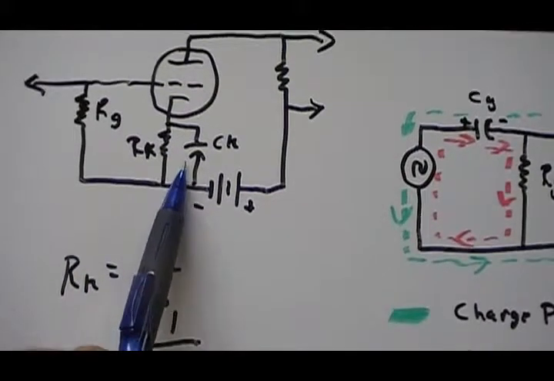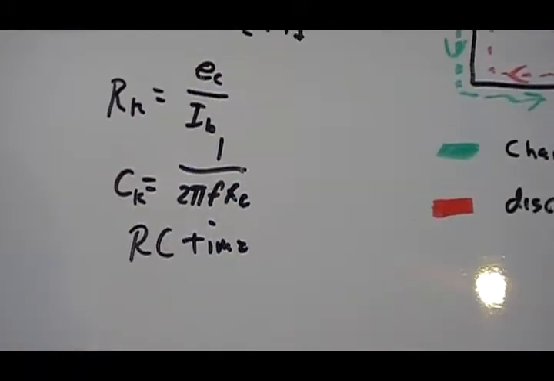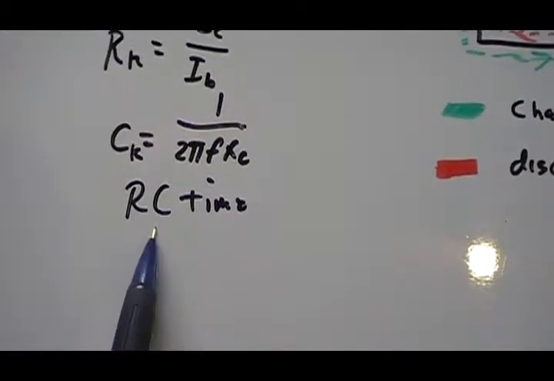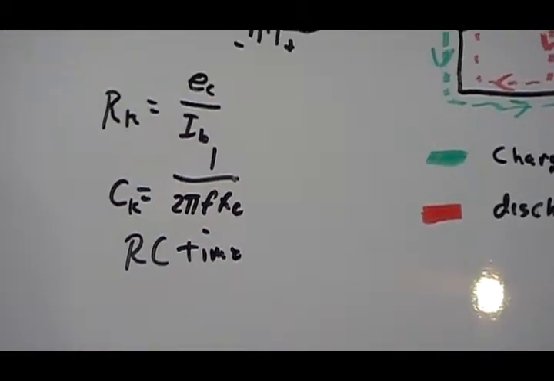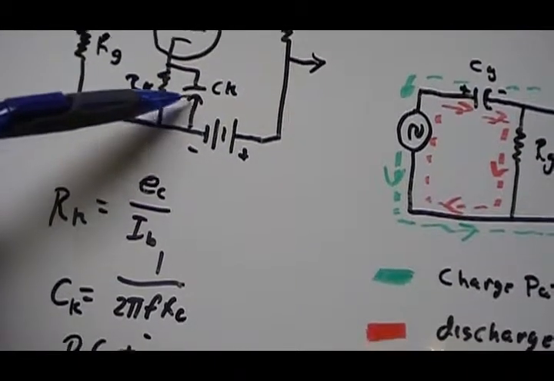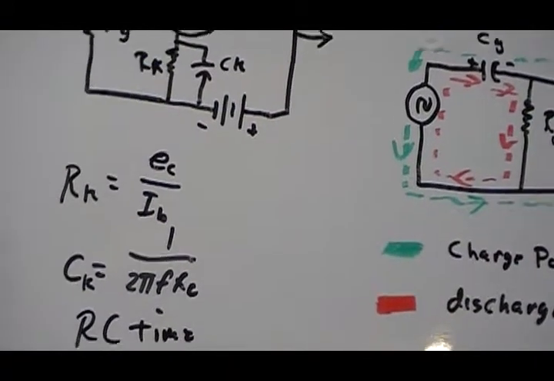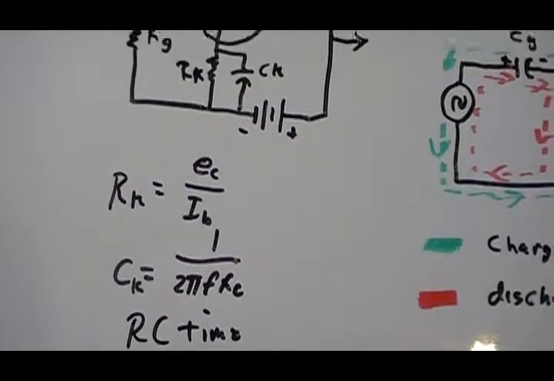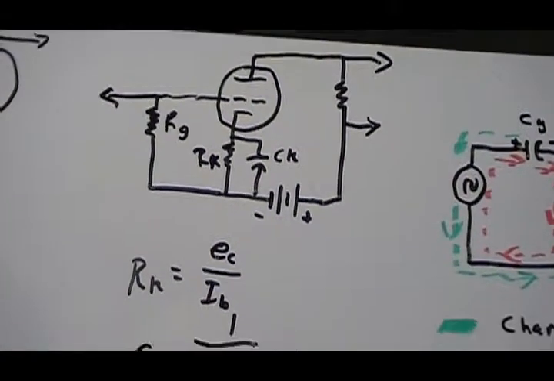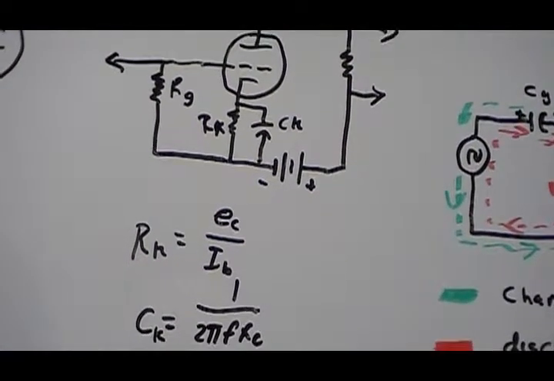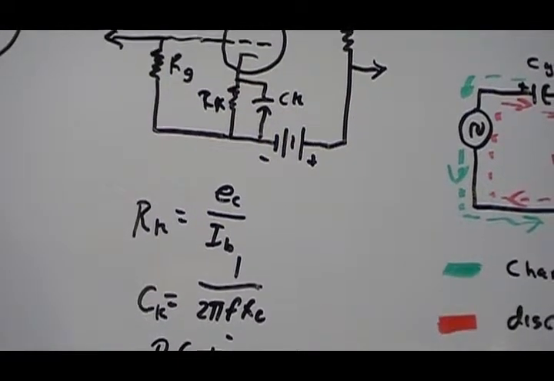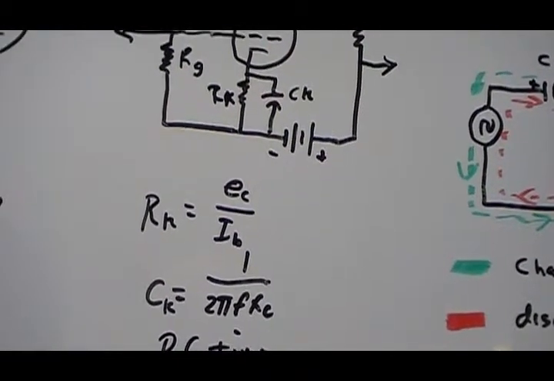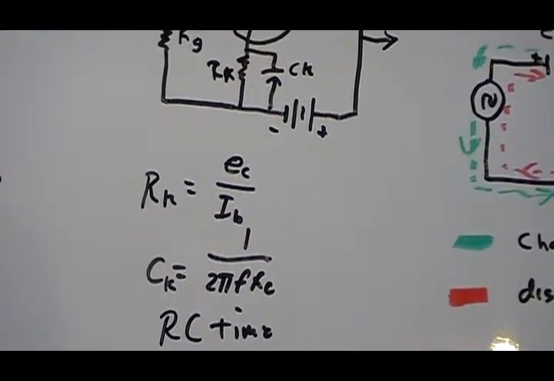Basically, this is an RC filter. And in actuality, the way it works is what they call an RC time constant. When you've got a capacitor and resistor, whether they're in parallel or in a series connection, basically you multiply the two values together and they'll give you what they call the RC time constant.